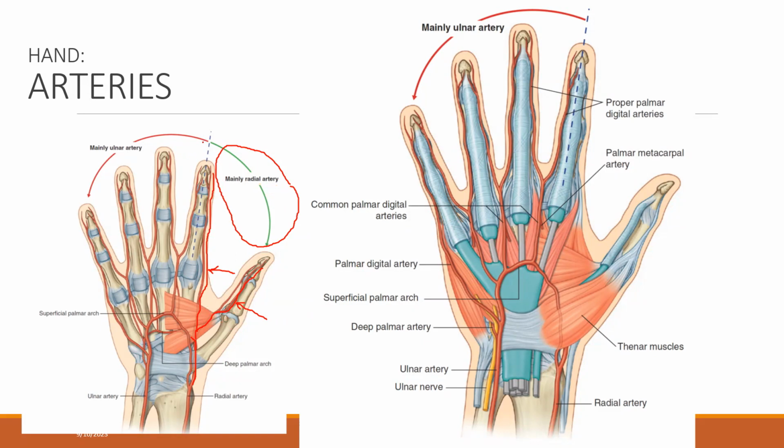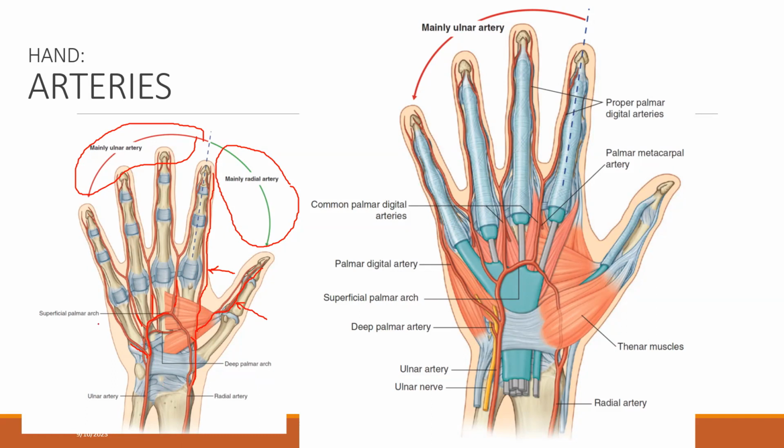Now, the other part of the hand right here, because all of these ones are branches coming out from where? The superficial arch. And which artery gives rise to the majority of the superficial arch? Ulnar artery.